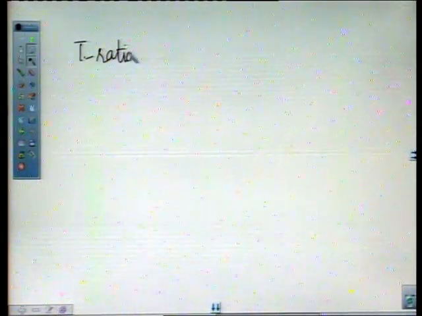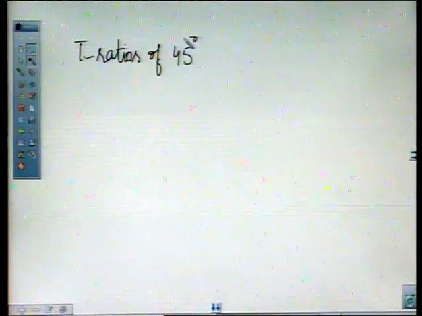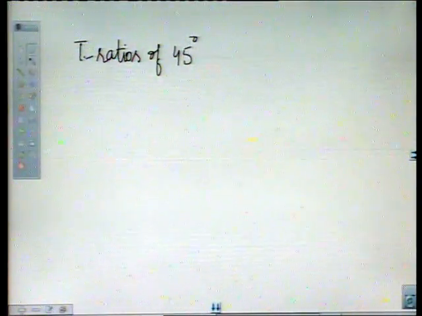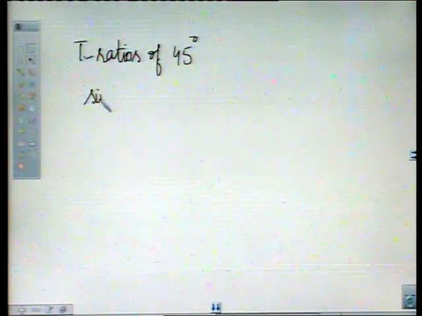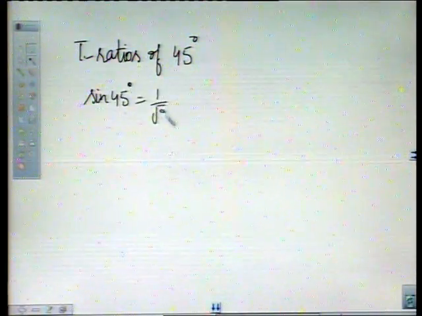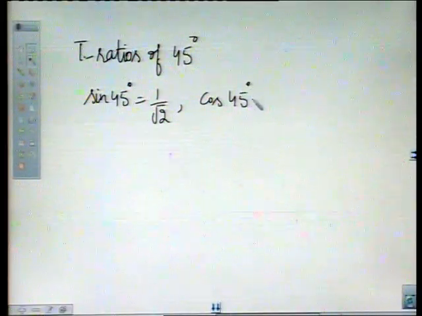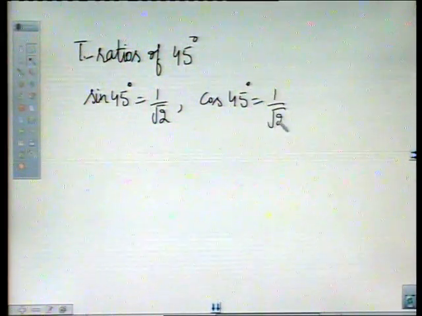T ratios of 45 degree. We can similarly prove the values come out to be sine 45 as 1 over under root 2, cos 45 degree is also 1 over under root 2.